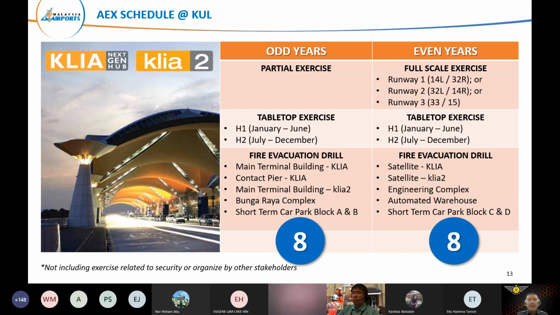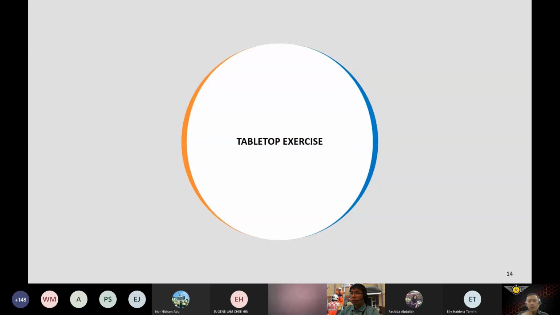For example, Changi, they are doing full-scale exercise every year. It's more than the minimum frequency stated by ICAO. It's even better to conduct full-scale exercise every year. It's up to the contracting state how they want to enforce all these exercises at the airport level in their country. So we go one by one.